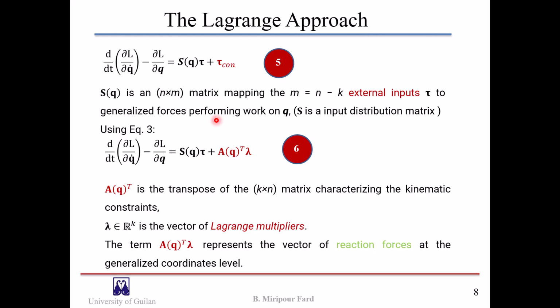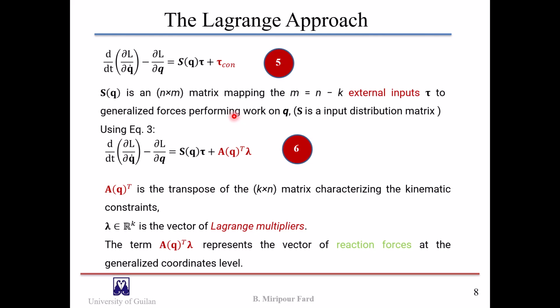Actually, S is a torque or force distribution matrix, or an input distribution matrix. It has been assumed that the number of available inputs does not match the number of degrees of freedom, which is common in the case of wheeled mobile robots. If the number of inputs matched the number of degrees of freedom, S would be an identity matrix.